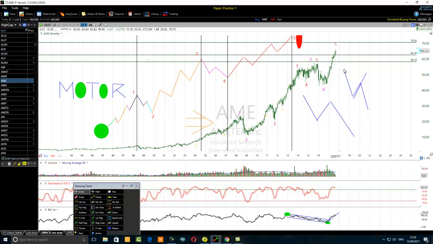So for the zigzag pattern, the A part of the zigzag pattern is an impulse wave of that zigzag pattern. The C part of the zigzag pattern is an impulse wave of the zigzag pattern. So we can know that if we see any first move and the second move did not come at the beginning of the first move, we will say that the third move has a more chance to have the same characteristic as the first one.